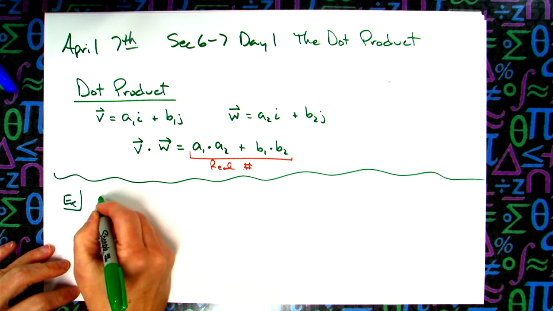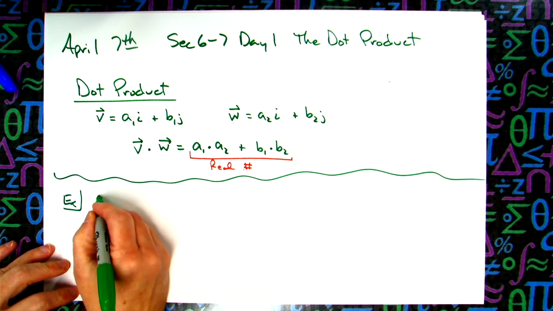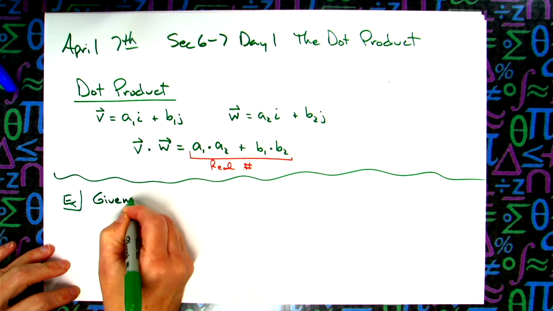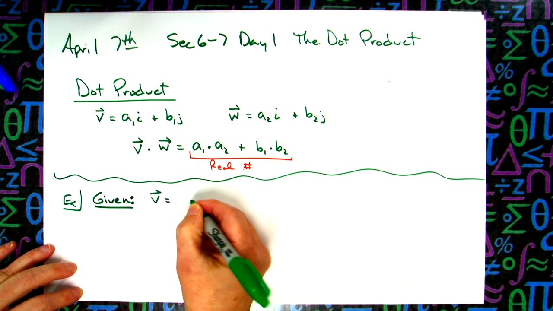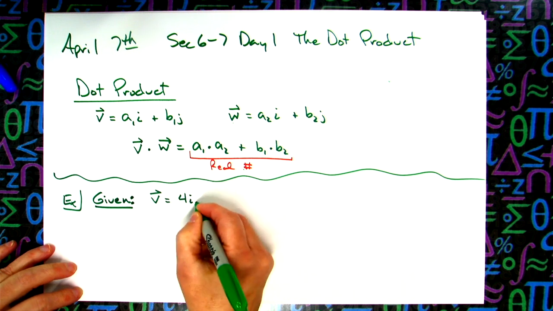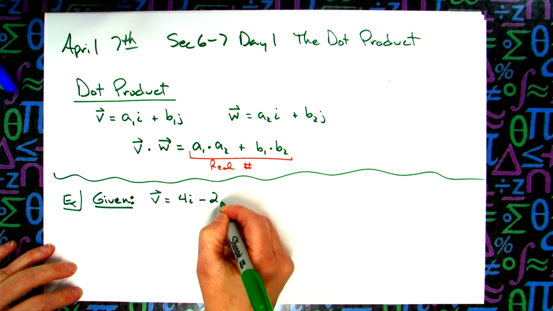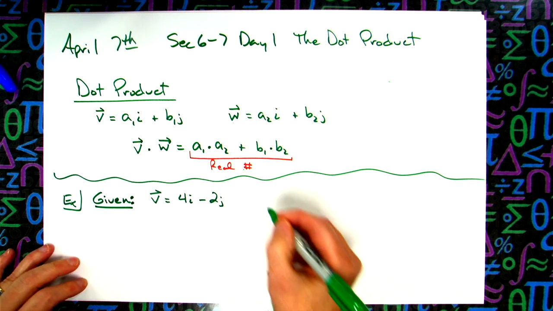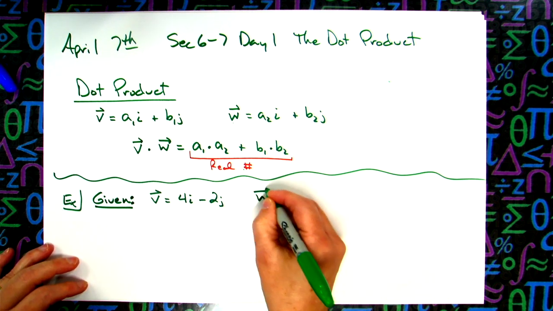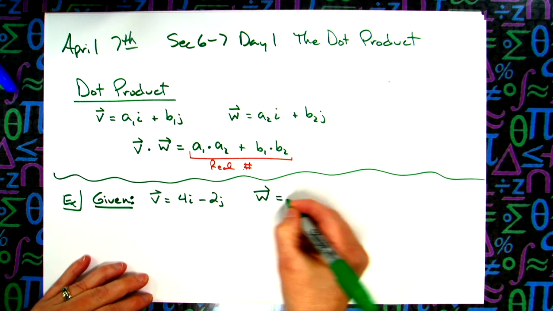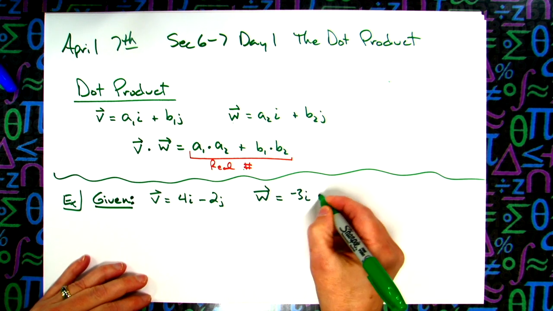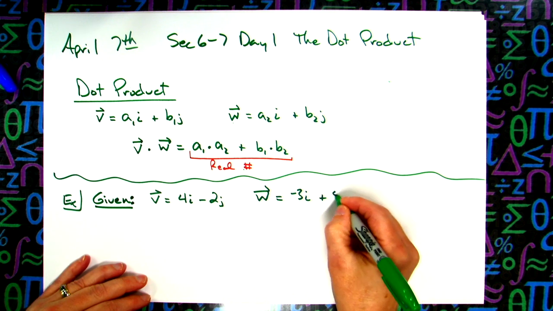It's going to maybe say, given, maybe say the v vector is 4i minus 2j, and my other vector, lack of creativity here, we'll call it w. We'll just stick with the same names. All right, maybe negative 3i plus 5j.